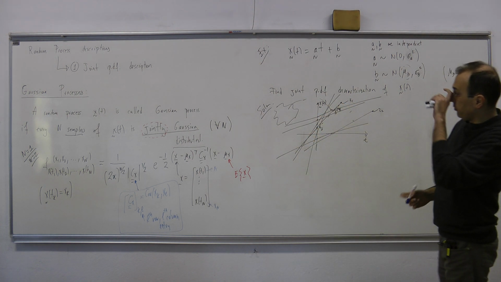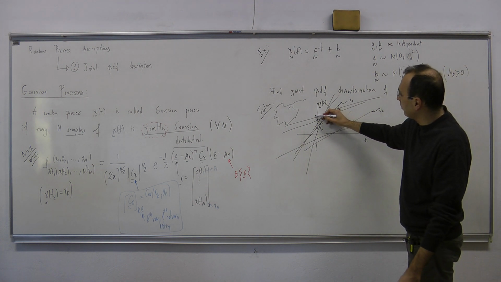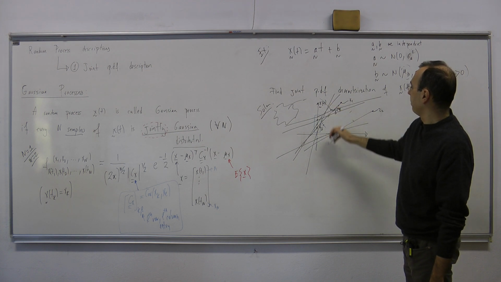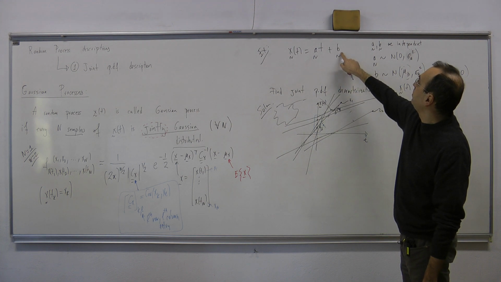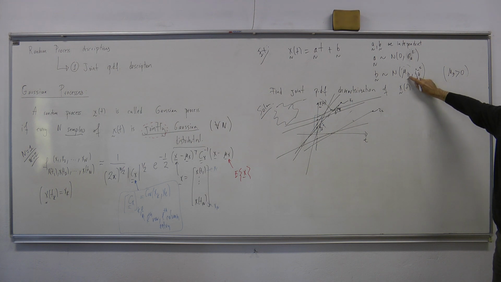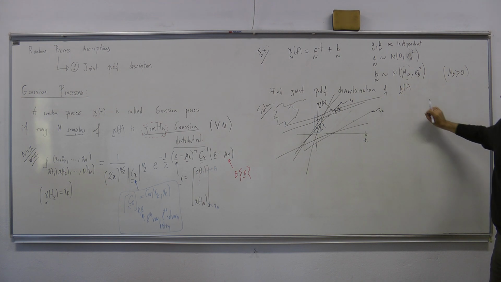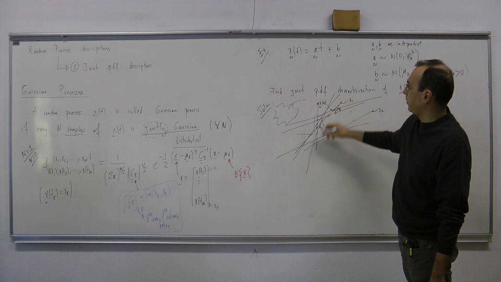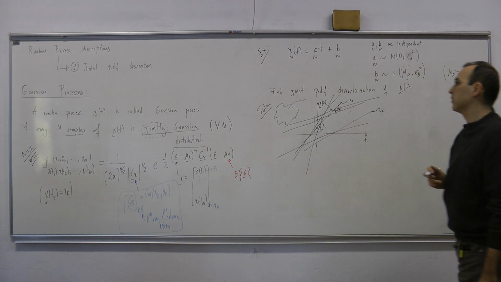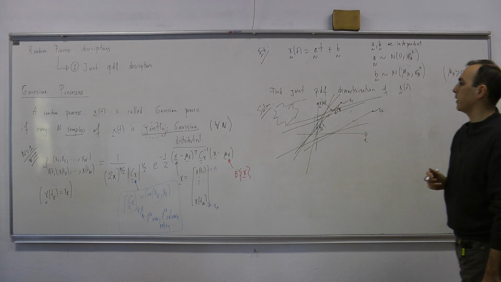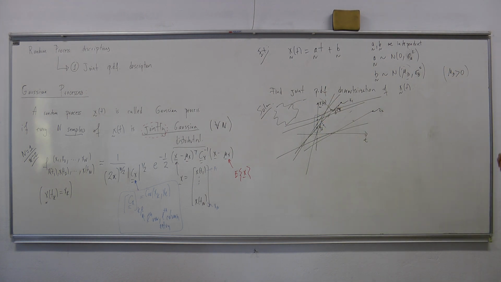Why do I have such a sketch? The reason is that the y-axis intercept gives me this b value, isn't it? But in all of these realizations, b is coming from a distribution which has a positive valued mean. So what do I expect if I draw such things? I expect that, this is just a drawing, of course, the y-intercept of these x of t lines should be mostly, more probably, on this positive part of the y-axis, because it's more likely. Okay. So this is the way we understand it.